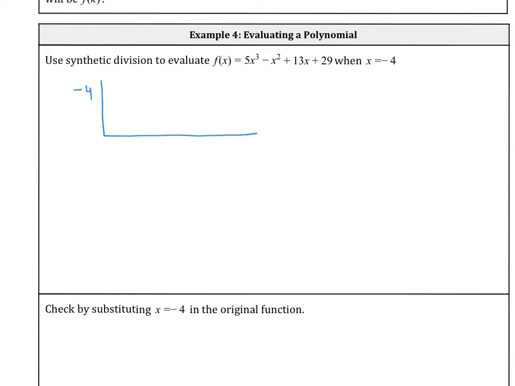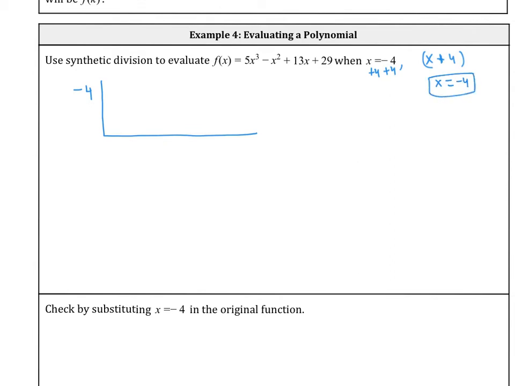Remember, if x equals -4, we can also write this in the form x plus 4, because we add 4 on both sides, and in this form it becomes a factor. So you can write either x plus 4 or x equals -4.